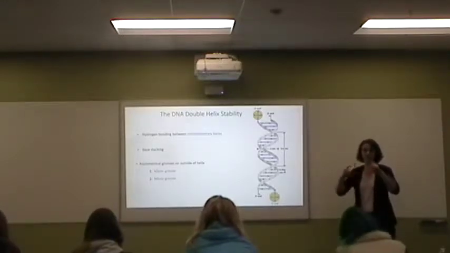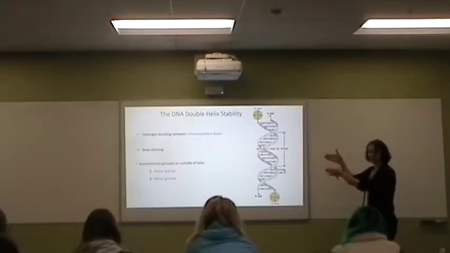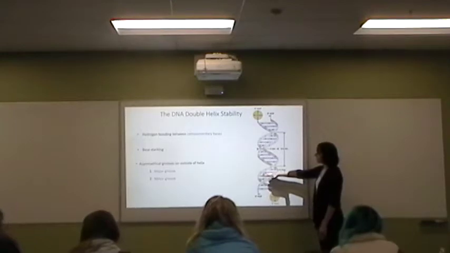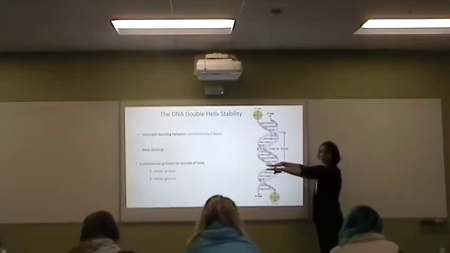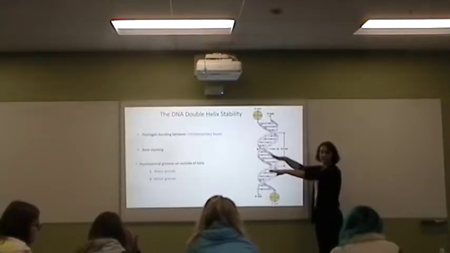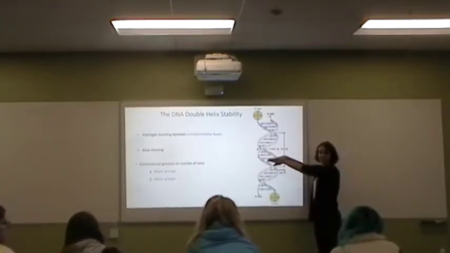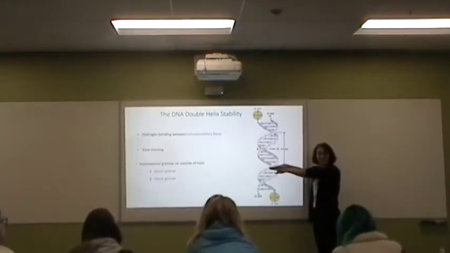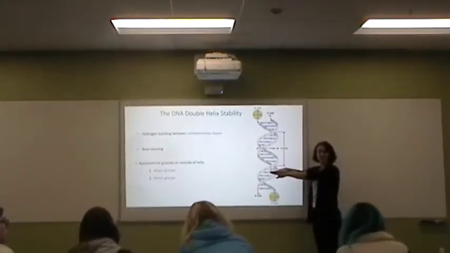And so normally when we draw it out, the plate is standing up, facing you. When they actually line up and form DNA, they are stacked like you put plates in a cabinet. So when you're putting away your dishes, and you put a plate on top of a plate on top of a plate, right? Everybody know what I'm talking about? That's how we stack our DNA molecules, or our nucleotides.